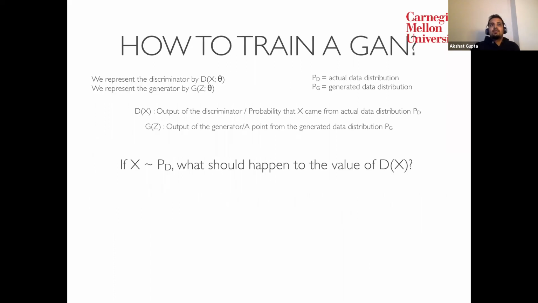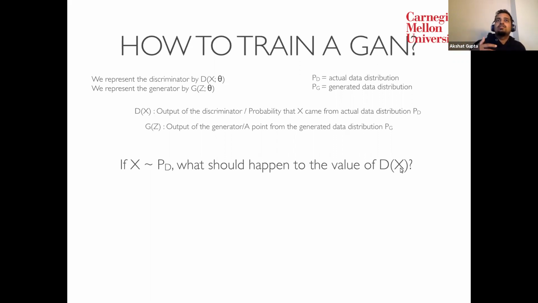So how do we train a GAN? The problem statement setup is present here in case anybody wants to take a look. But my question to you is, if x is a point which is sampled from the actual data distribution, how should the discriminator train, and what should happen to the value of D(x)?